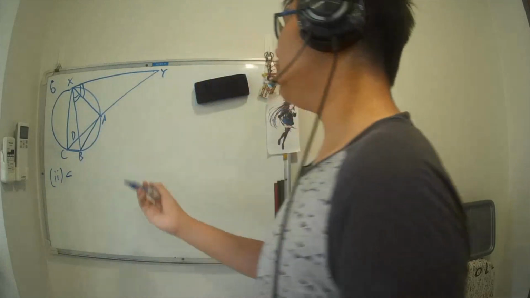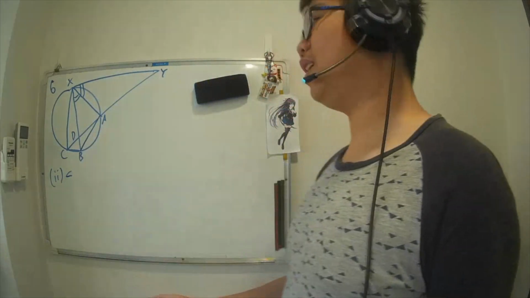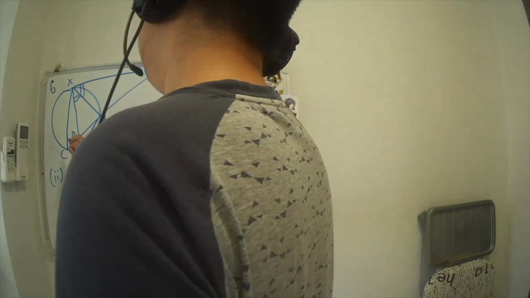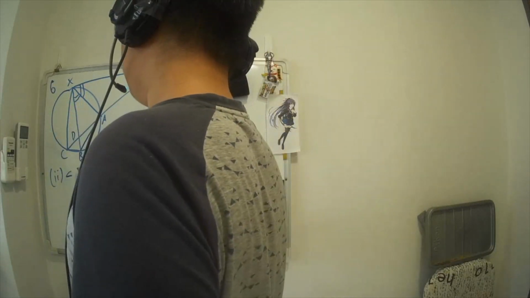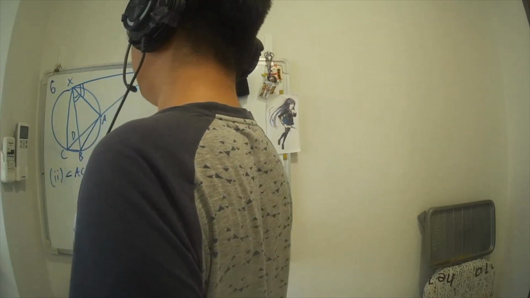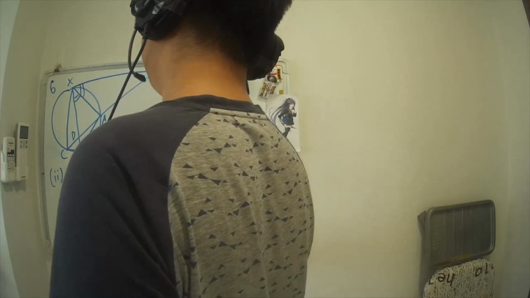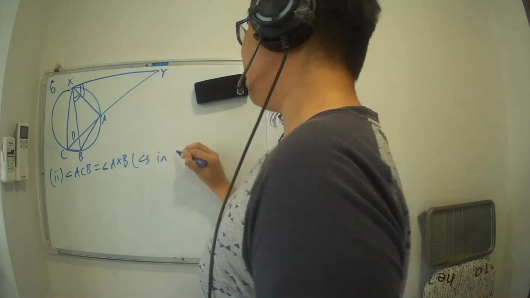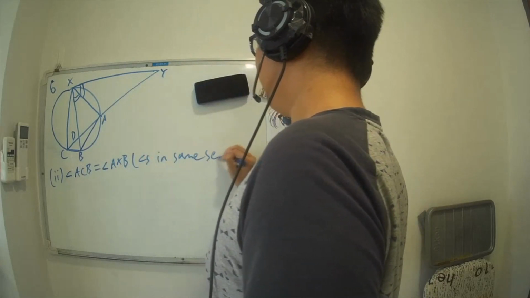Once again over here, we will have to use angles in the same segment. So I have this angle to consider, but if I consider this angle, it will be the same. So angle ACB is equal to angle AXB because of angles in the same segment.